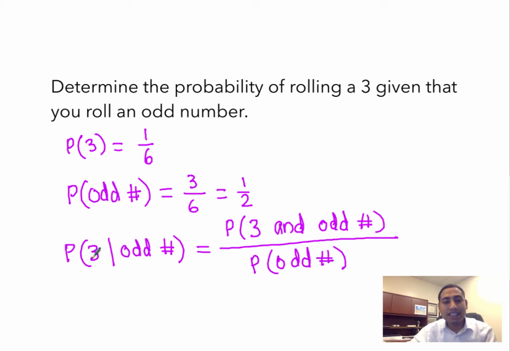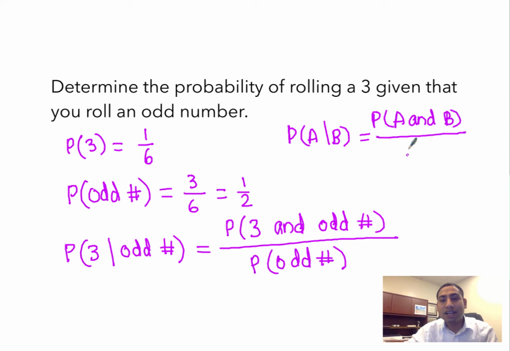So think of 3 as an A, odd number as a B, so this is the same as the formula we had. Probability of A given B is probability of A and B divided by probability of B.